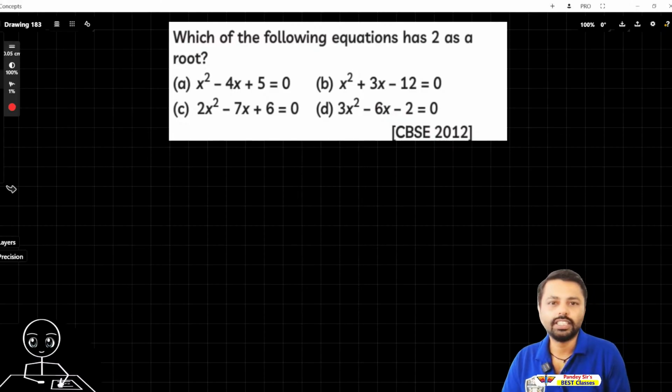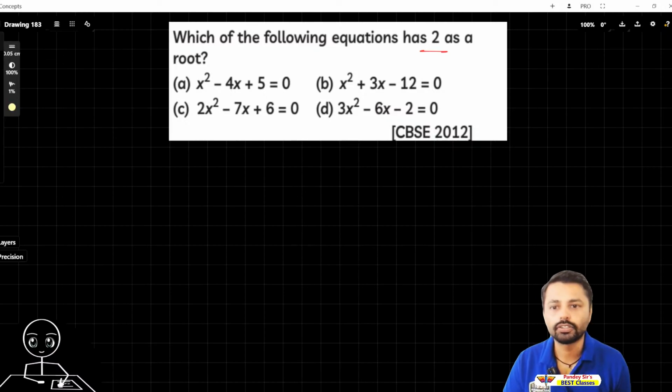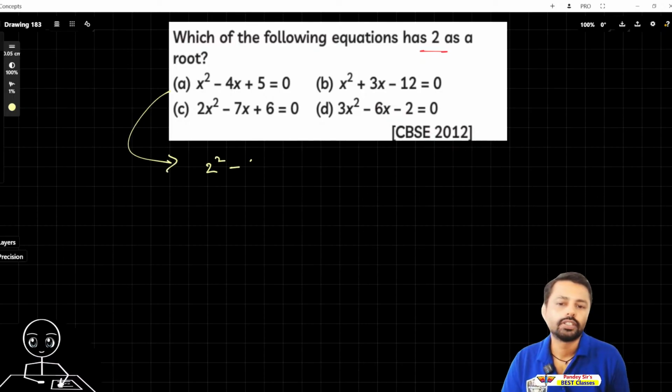The easiest and fastest way is just to put the 2 in. If 2 is a root, then x should be equal to 2. So let's put that in and find whether it gives 0 or not. Let's put that in the first one: 2 square minus 4 into 2 plus 5. It must be equal to 0.